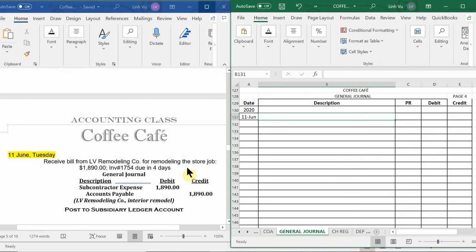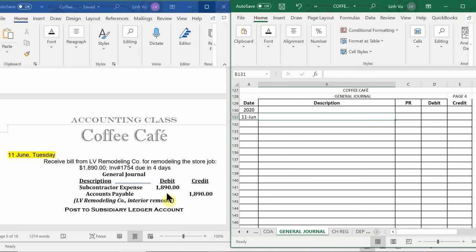However, this one, we hired LV Remodeling to do some work. In this case, LV Remodeling is a third-party vendor, and they're doing some work on the store.